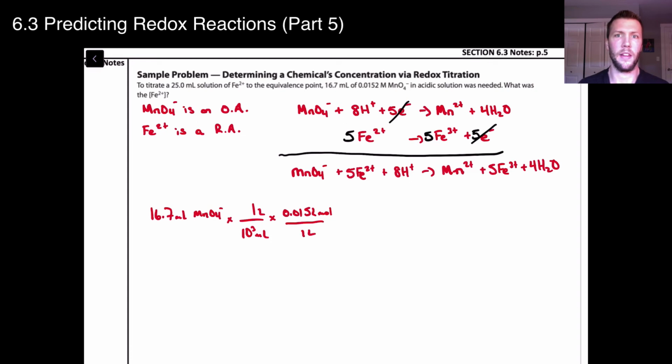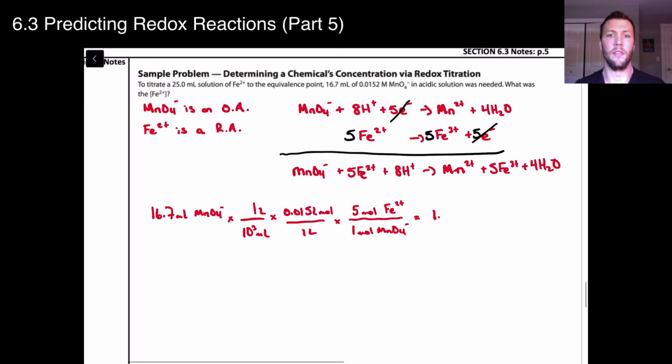So dividing by 1,000 to convert to liters, multiplying by 0.0152 moles per liter, and then using that mole ratio, 5 moles of iron 2 ion to react with 1 mole of permanganate ion. That gives me a total number of moles of iron ion of 1.27 times 10 to the negative 3 moles.